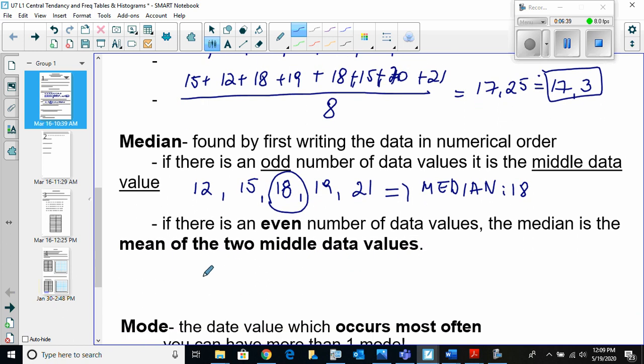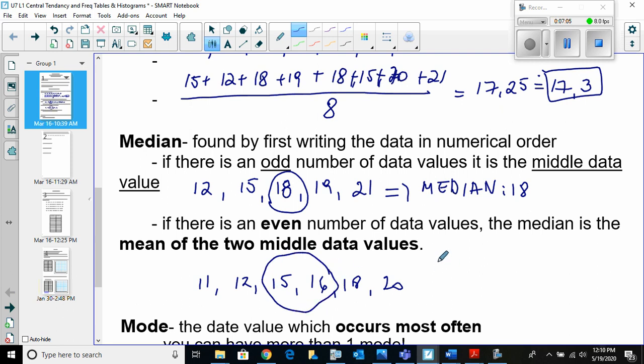But if we have something like this, 11, 12, 15, 16, 18, 20, then we have 1, 2, 3, 4, 5, 6 data values, and the middle ones are 15 and 16.